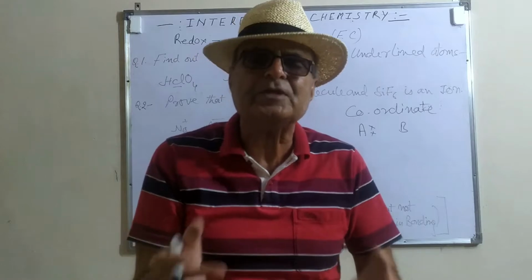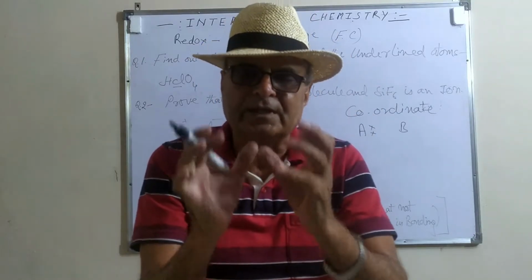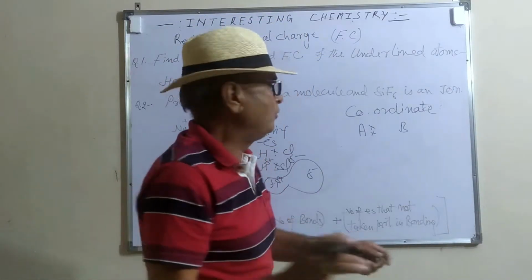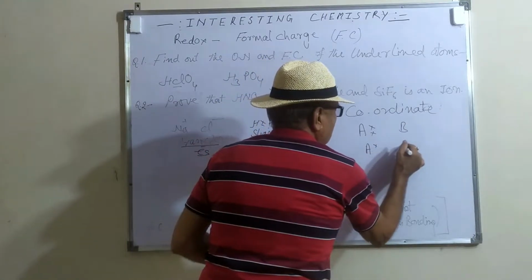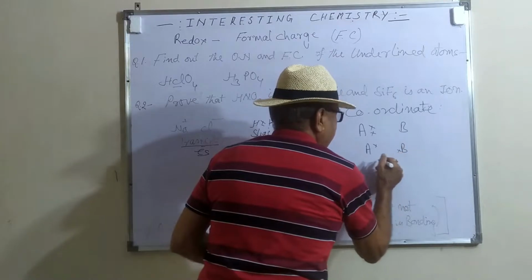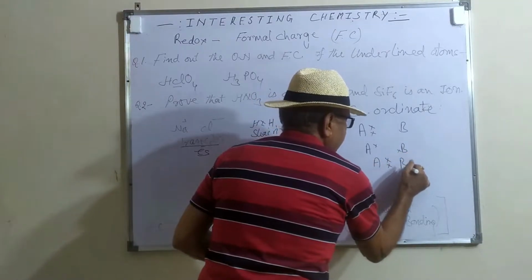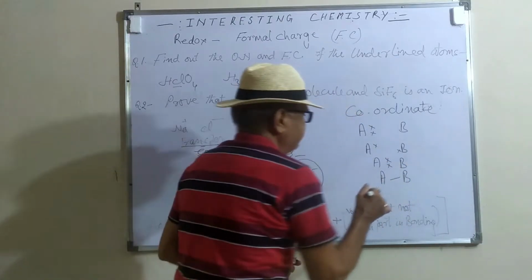Electron deficient means it has the capacity to accept some electrons. We told you that A donates one electron pair to B, and then A and B combine to form the bond between A and B.